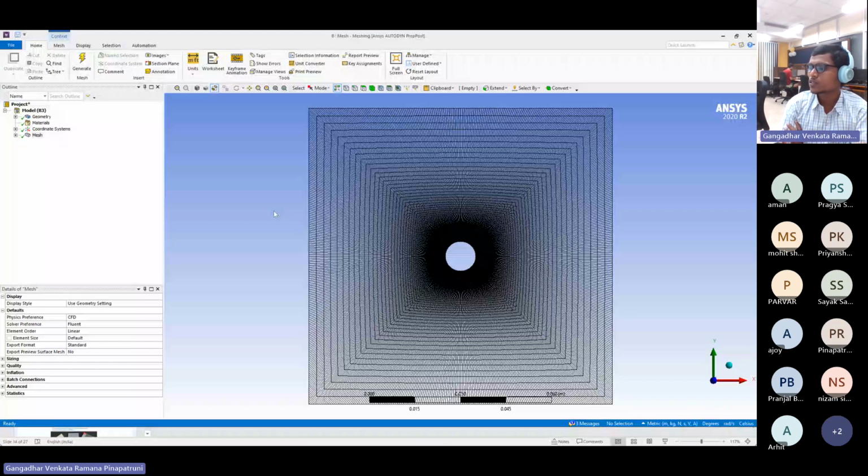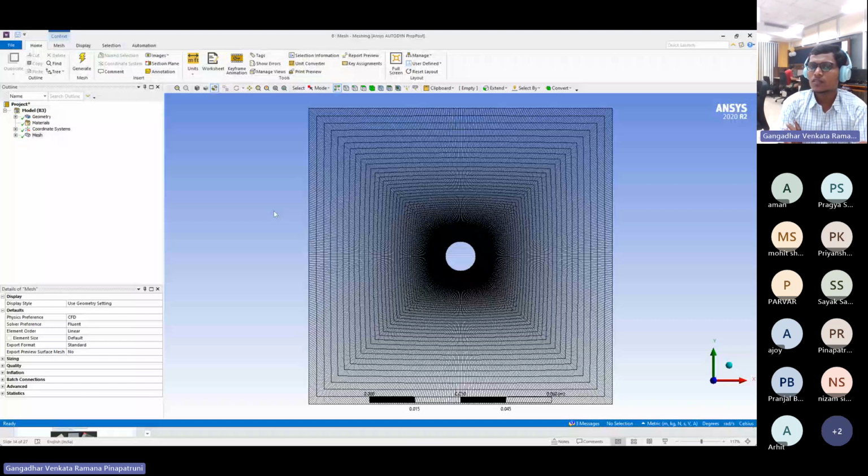Sayak, are you there? Yes, Sayak. What do you understand from my lecture so far and from seeing this image? Sir, that is a circle which we will discuss, and the square is the domain which we discuss.